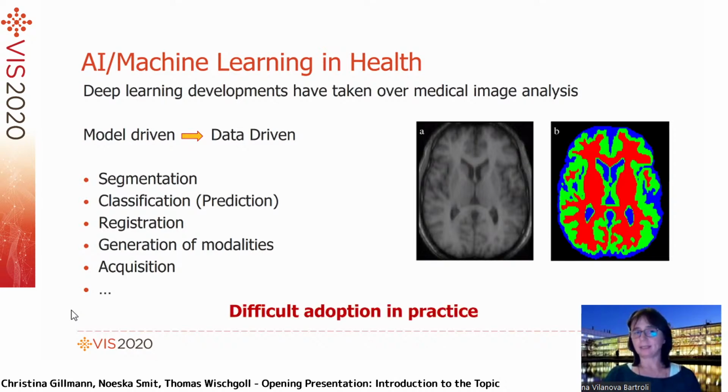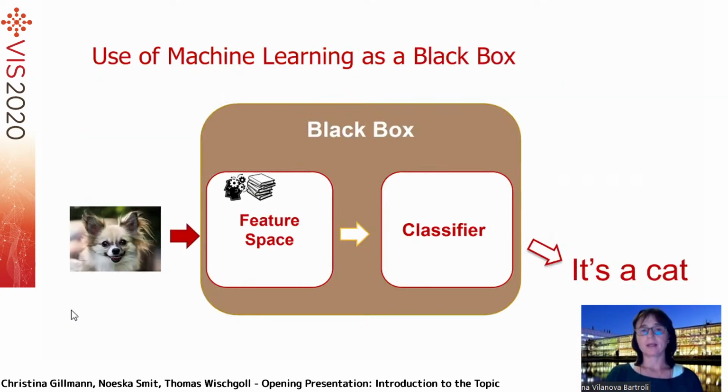However, still, the success of these techniques has a difficult adoption in practice, actually. For some problems like segmentation, this is not really the case. I think adoption of this is quite good, but for others, it's still difficult to get them adopted in practice. And one of the problems is that basically machine learning is often used as a black box, also when the methods were done in a traditional way.